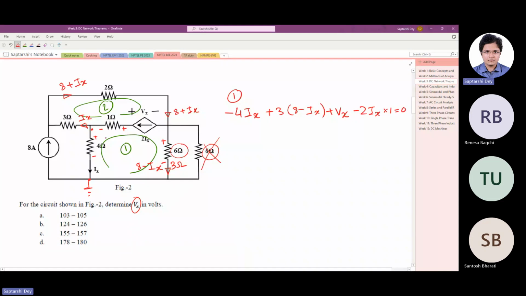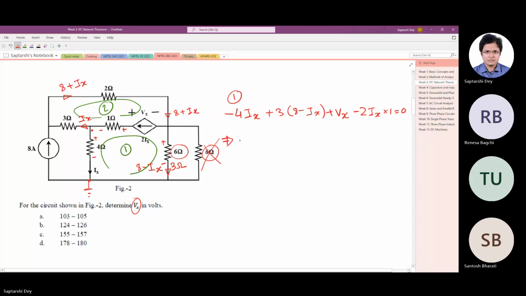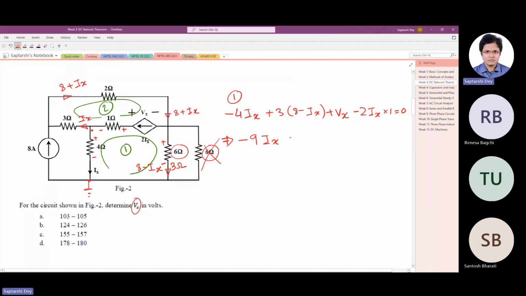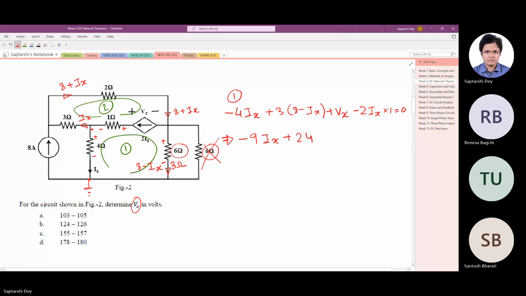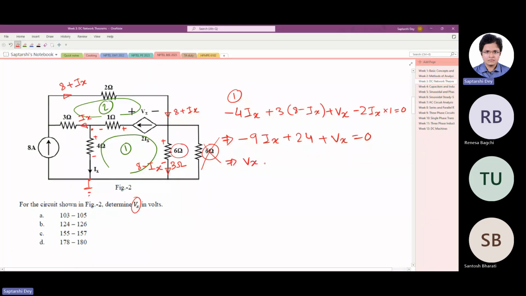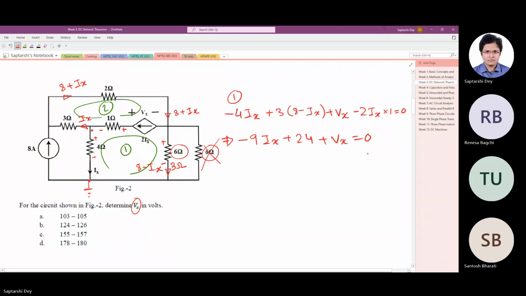Drop minus, rise, again drop minus. So what we have is minus 4Ix, minus 3Ix, minus 2Ix: 4, 3, 7, 2, 9. Minus 9Ix plus 24 plus Vx equals 0. Let us keep it like this. Equation 1.